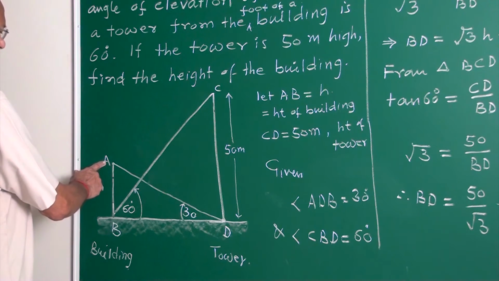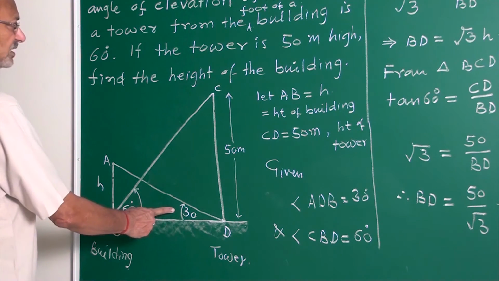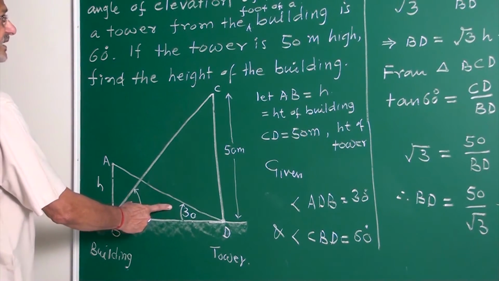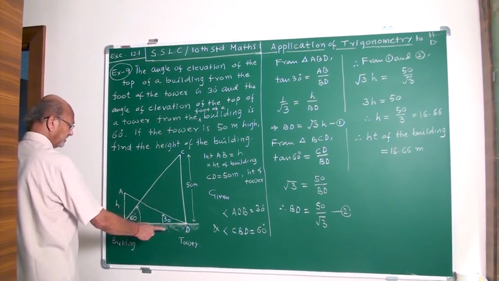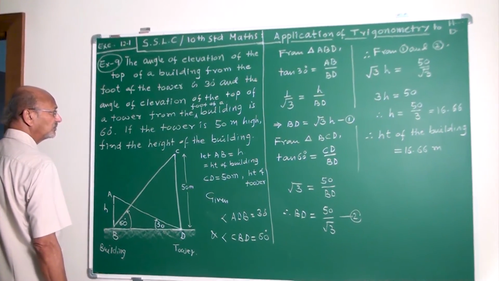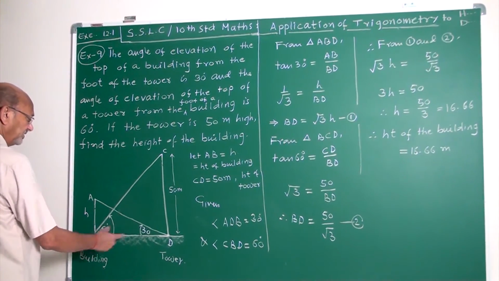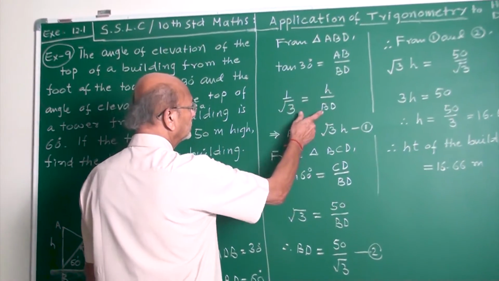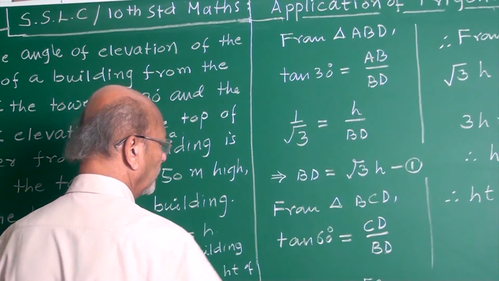From triangle ABD, tan 30 is opposite side AB upon adjacent side BD. Tan 30 is 1 by root 3. AB we have taken as h, so 1 by root 3 equals h upon BD. Solving for BD, BD equals h root 3. Name this as 1.